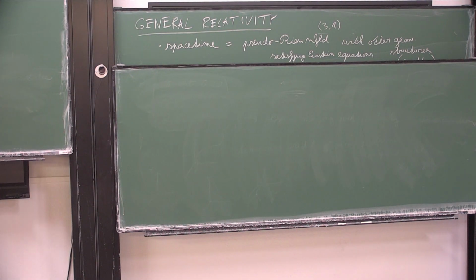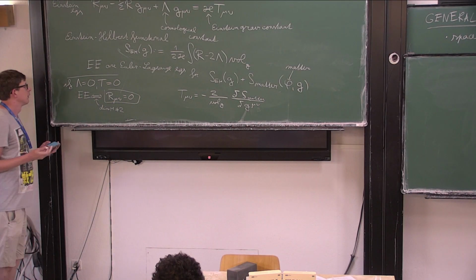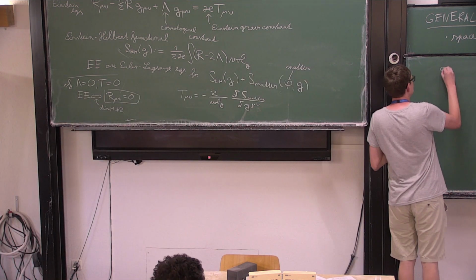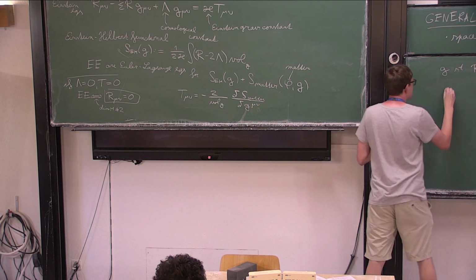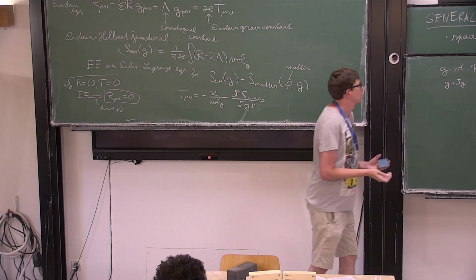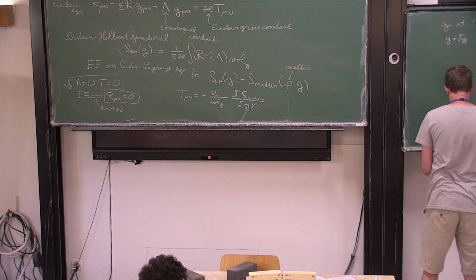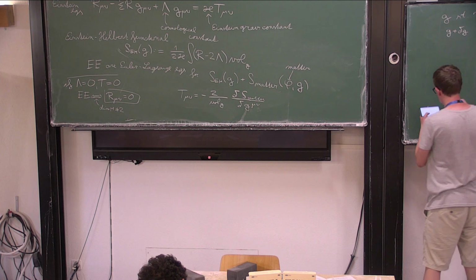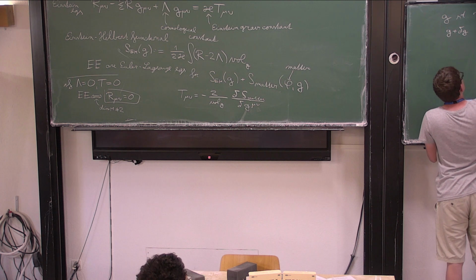Now you can suppose that you have some solution to these vacuum equations, and you try to perturb your metric. So suppose that you have a metric such that Ricci is 0. Now you try to perturb it. So you write g plus some small perturbation delta g, and delta g is very small. Then you can check how the Ricci tensor changes.